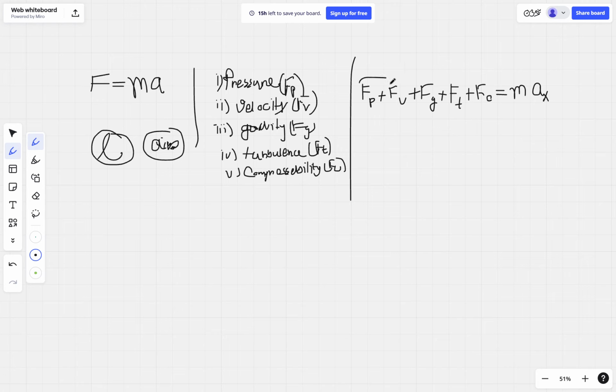So this part can also be said to be the summation of all the forces, equals ma on this side.